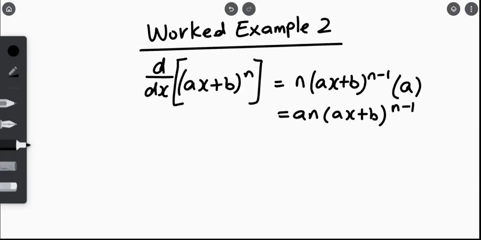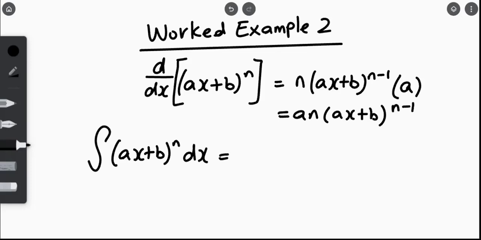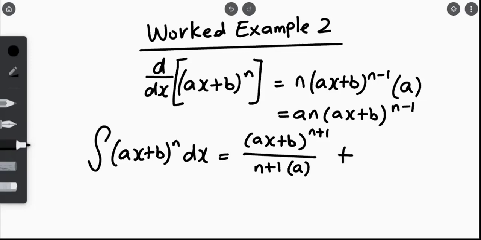So for this, if I ask you to integrate this, okay, you all can do it. Again, constants don't take part, so the bracket copy down, n plus 1 over n plus 1. There's one more step. Yes, divide by the differentiation inside the bracket, which is a. And what do we need to add?